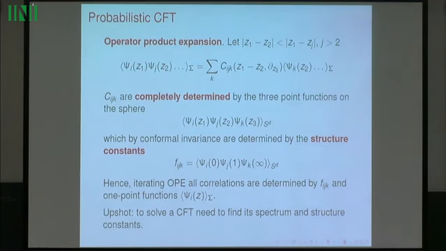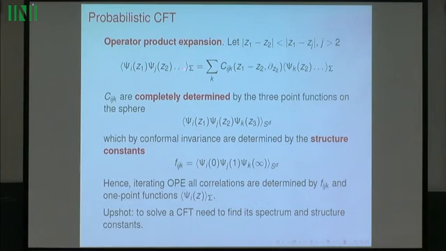Another very important aspect also has a strong physics background. It's usually called the operator product expansion, although here we don't have any operators at the moment, as we will have later.